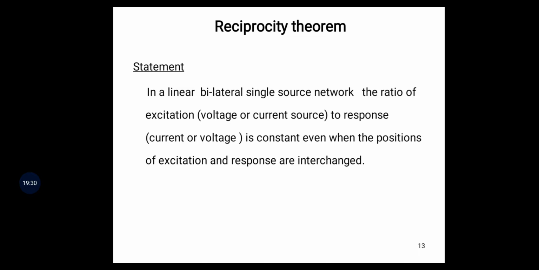The network which satisfies the reciprocity theorem is called a reciprocal network. In this, the excitation is the source, voltage source or current source. The response is voltage or current.